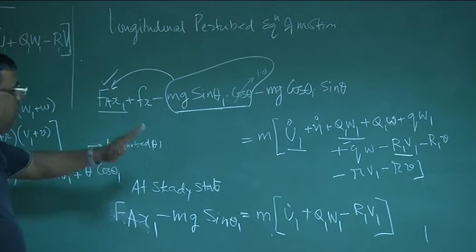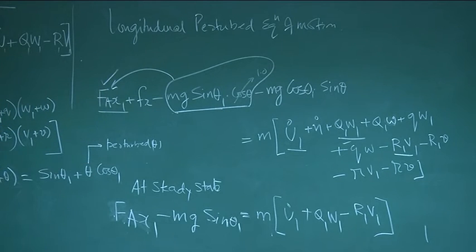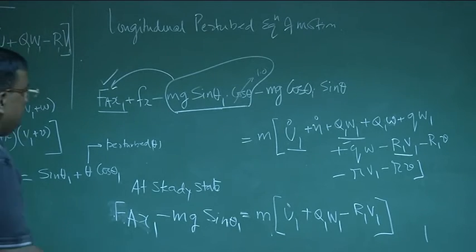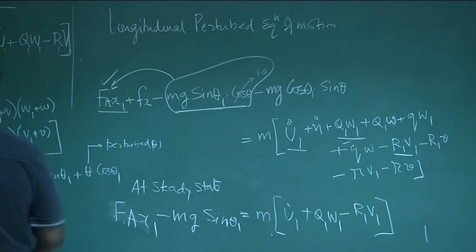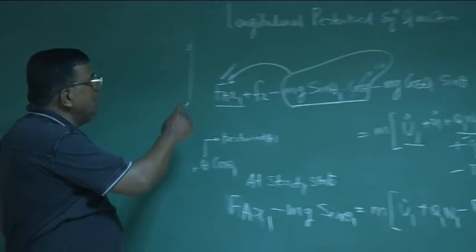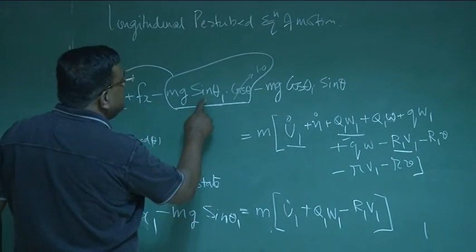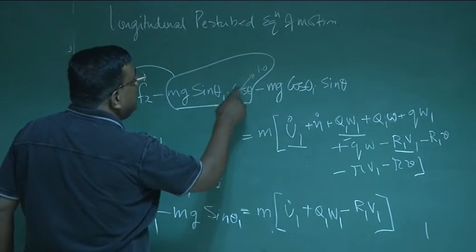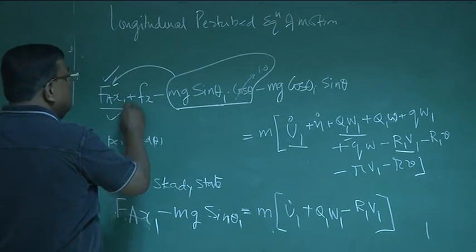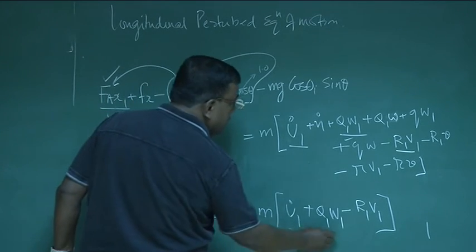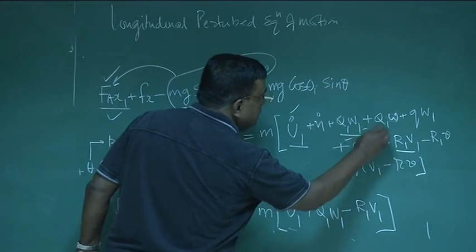I can remove this term because they are automatically taken care of, they are equal, right? If I take out this term, what do I get? Once I know that FAx1 minus mg sine theta 1 and this cos theta is one, with small perturbation, this term equals this term.